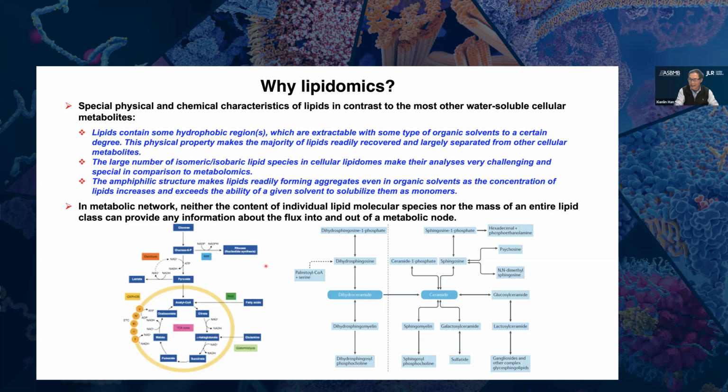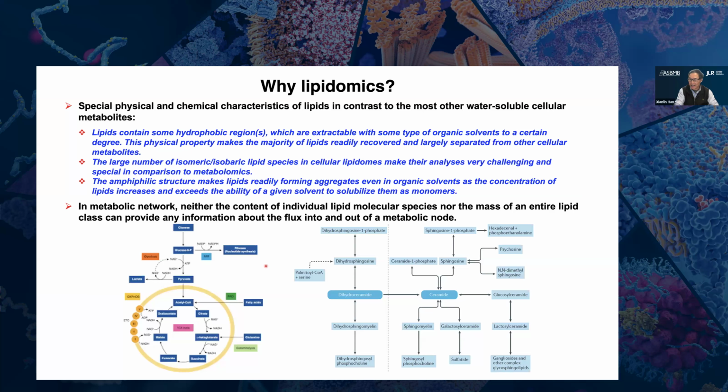So if you determine something has changed, even with significance, it does not tell you anything about the flow or the underlying mechanism of the metabolism. So a different way is needed to analyze and interpret the data.